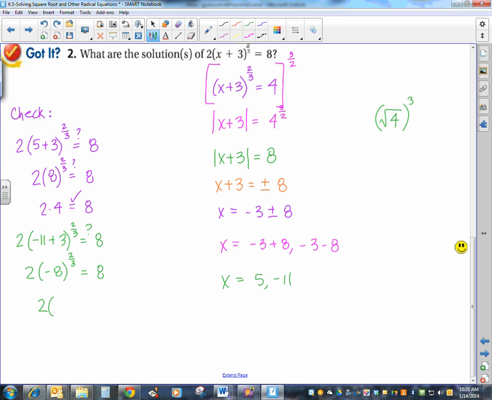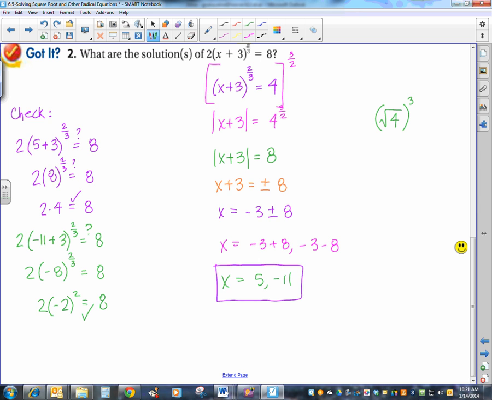And negative 8, the cube root of negative 8 is negative 2. And when we square that, we get 4 because whenever you square a negative, you get a positive number. So 2 times 4, does that equal 8? Yes, it does. So we know that our answer is x equals 5 or negative 11.